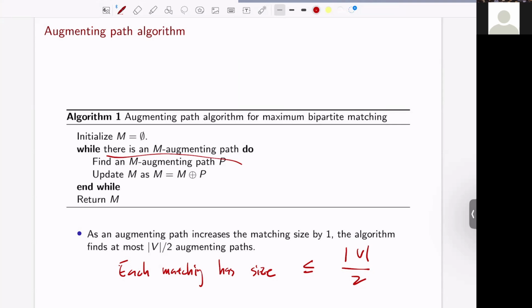In fact, we are using the bipartite structure when we are trying to find an augmenting path. And in fact, this algorithm outline will be used for non-bipartite graphs, the basic outline. But there we have to think about some issues about odd cycles when trying to find an augmenting path. I'm going to explain that later.